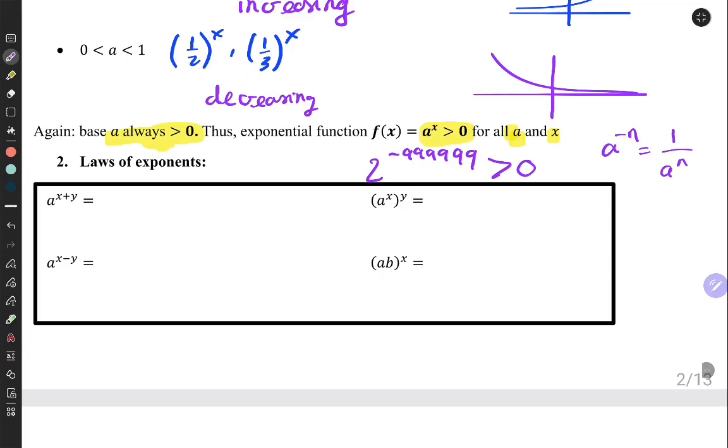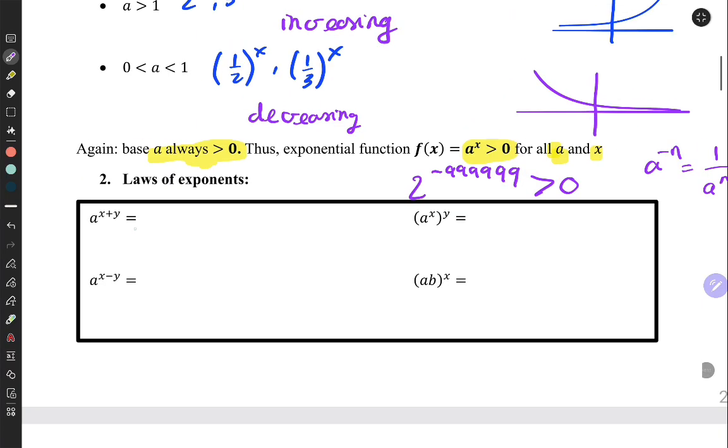Exponent of a sum: I can split it out like this. The base remains the same, base A. Now, exponential of an exponent.